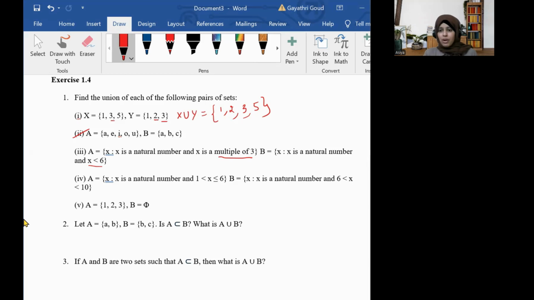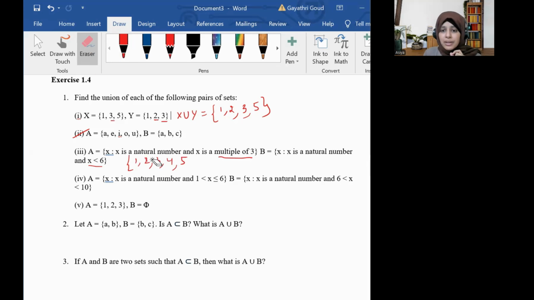So, I will have to write the union of these two. Now, what are my natural numbers less than 6? So, what will be the union of A and B? Natural numbers less than 6 would be 1, 2, 3, 4, 5, and x is a multiple of 3. So I will have to write down all the multiples of 3.